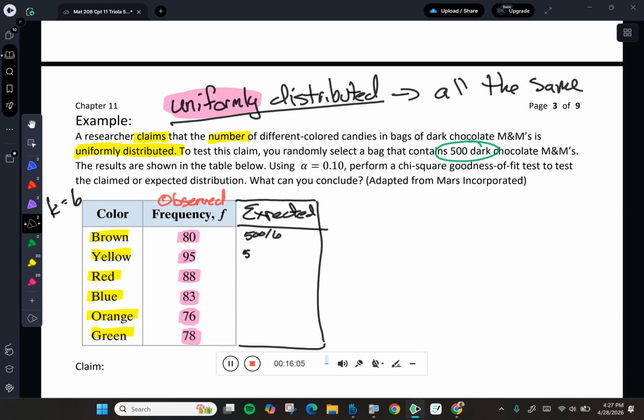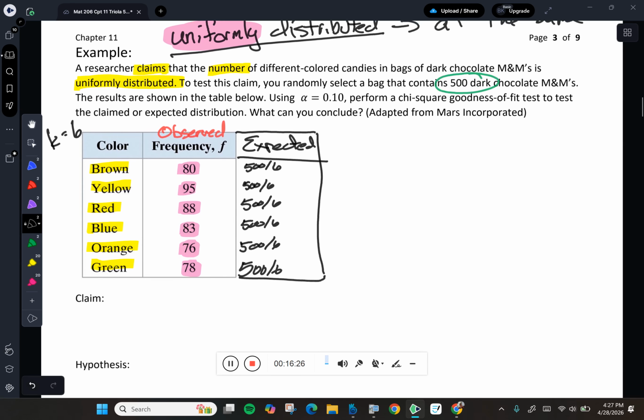In fact, since this is uniformly distributed, every single one of these should be 500 over 6 because they're all the same based on the claim that has been made. So those are my expected values, or my expected frequencies.